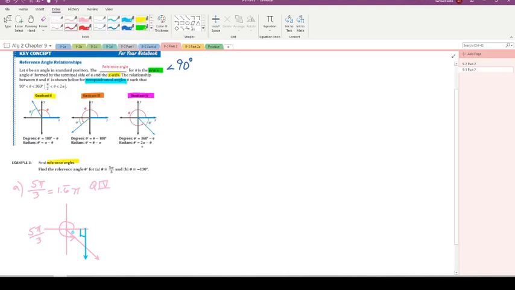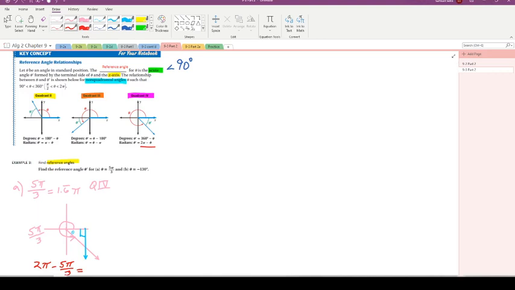We're talking in radians, so what we have to do to solve this is we're going to say 2 pi minus 5 pi over 3, and that's going to give me what?